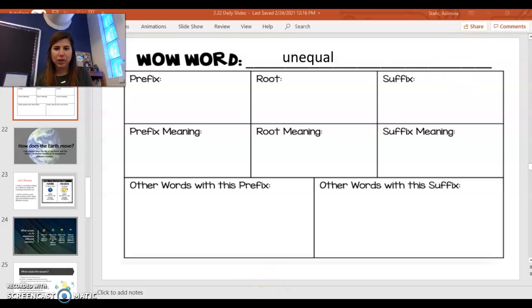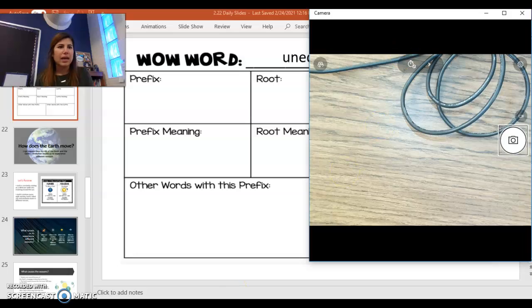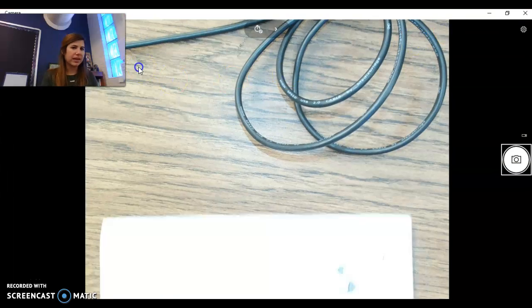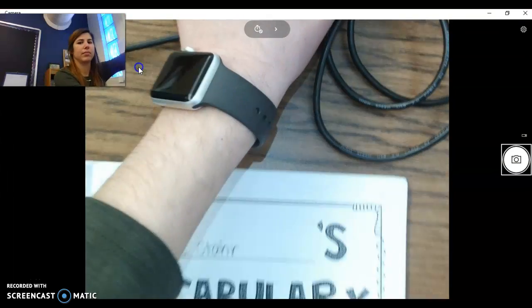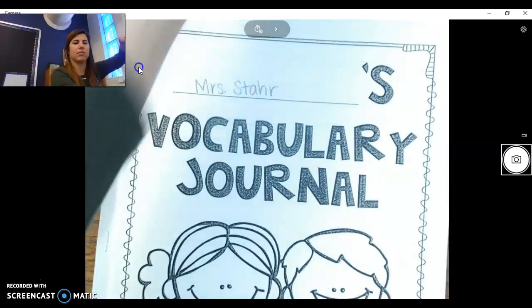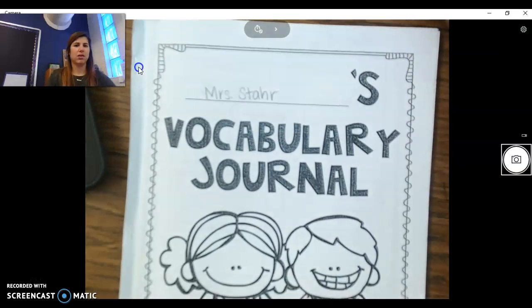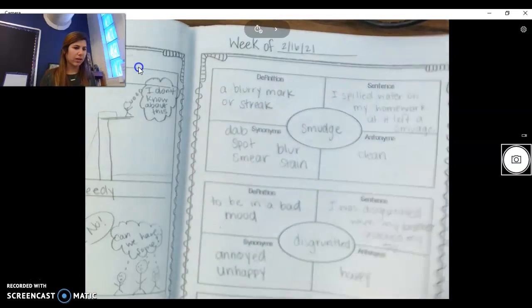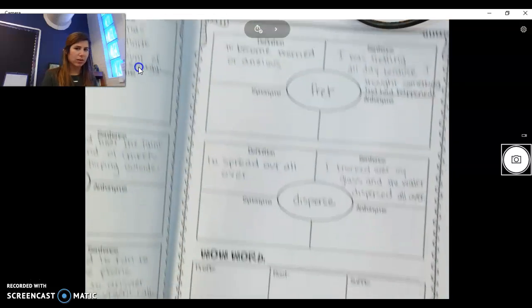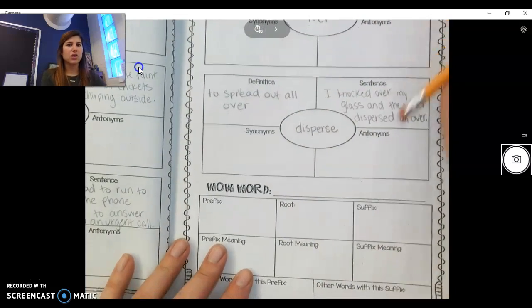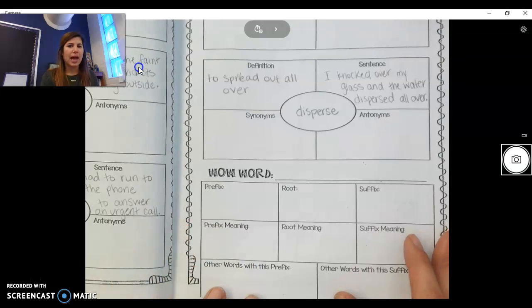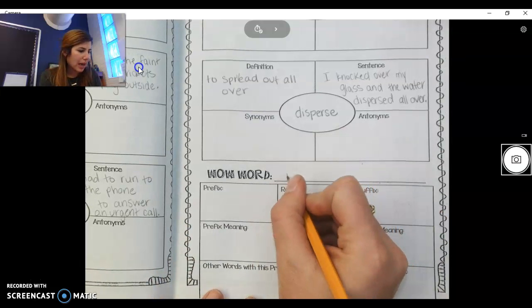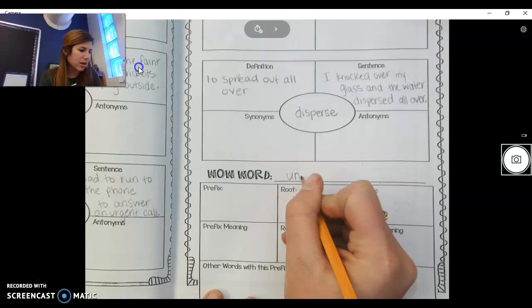So in our vocabulary notebook, we're going to be doing our wow word, which is our prefix-suffix word. And I'm going to pull up my camera so we can see that nice and big. All right. So today's wow word is going to be on the next page in your notebook or in your journal, underneath where we were working yesterday. And our wow word today is the word unequal.